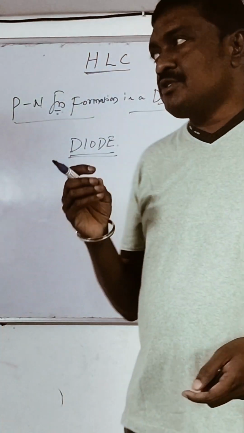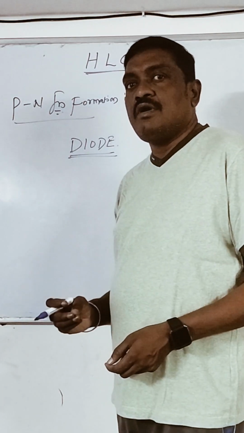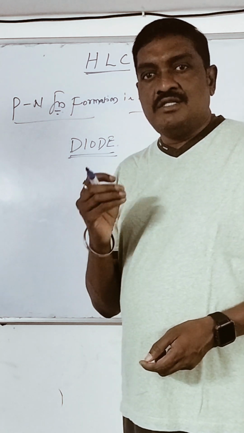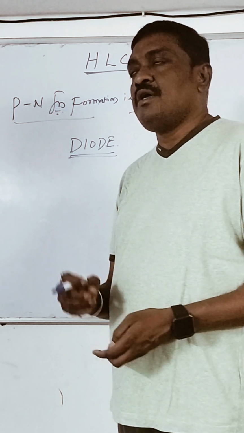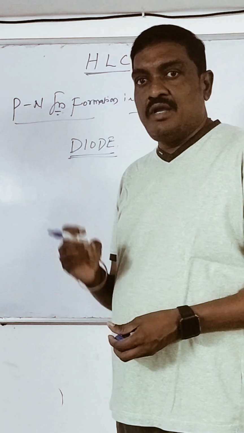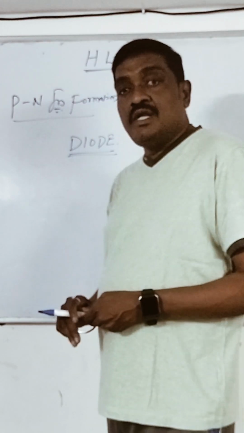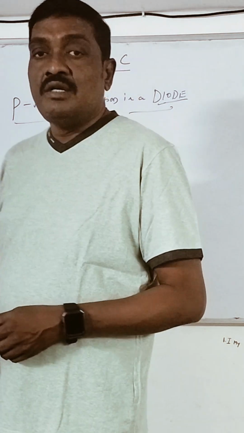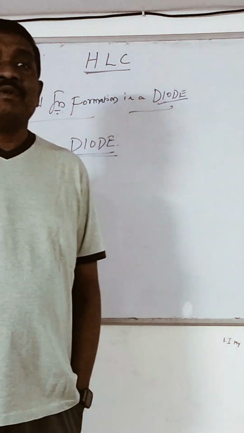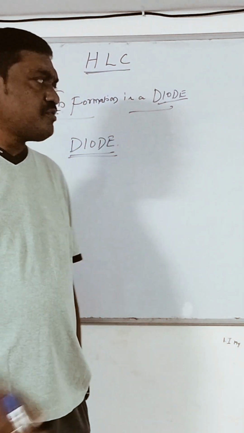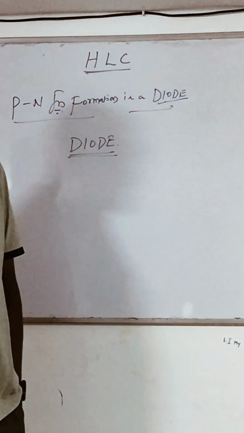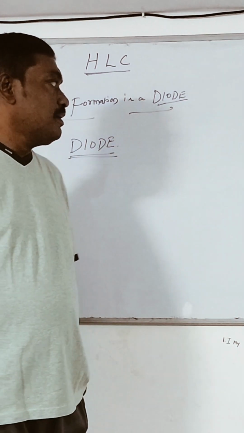We have different types of diodes, right? The PN junction diode is one part of that, and we know the Zener diode, the Varactor diode, the tunnel diode, the LED (light emitting diode), and the photodiode. There are various types of diodes we study in our subject.